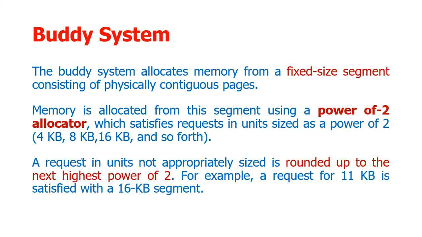The next one is 2 power 4, 16 KB, which is available. In that 16 KB we can allocate only 11, and the remaining 5 is free space. Like that, in the buddy system we can allocate.